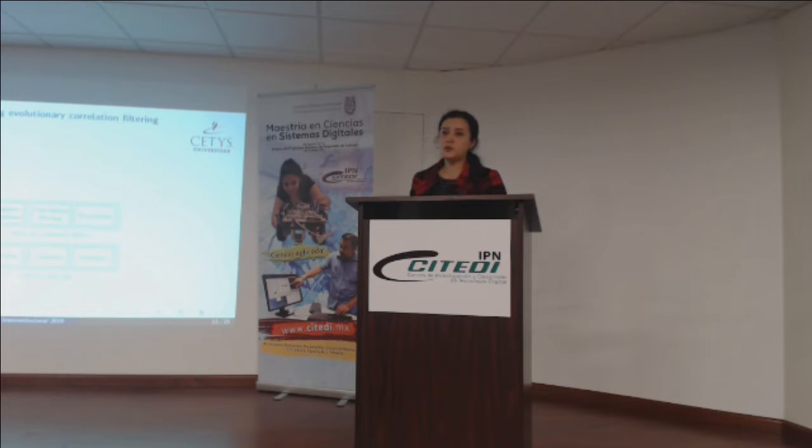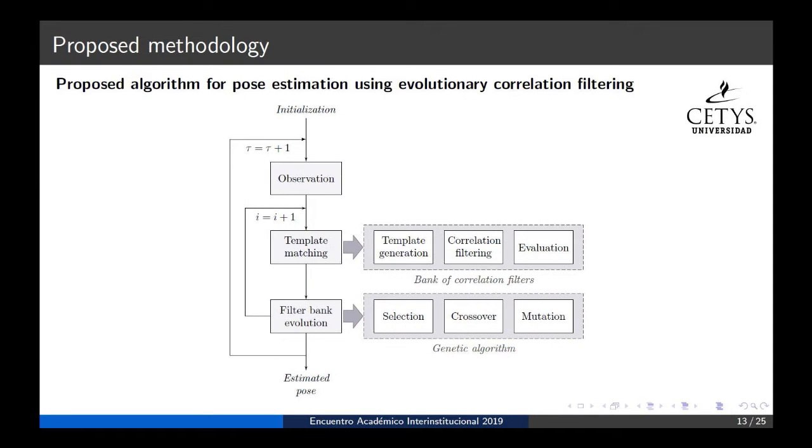In the proposed methodology, we have three simple steps. So we initiate the algorithm, and the first step is the observation. The observation is very simple. It is the transformation of 3D to two-dimensional images given by the camera.